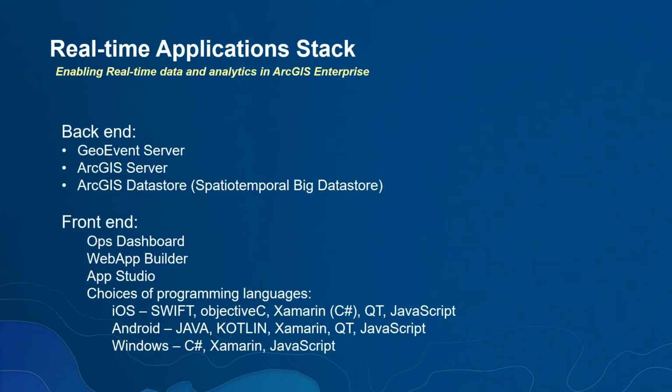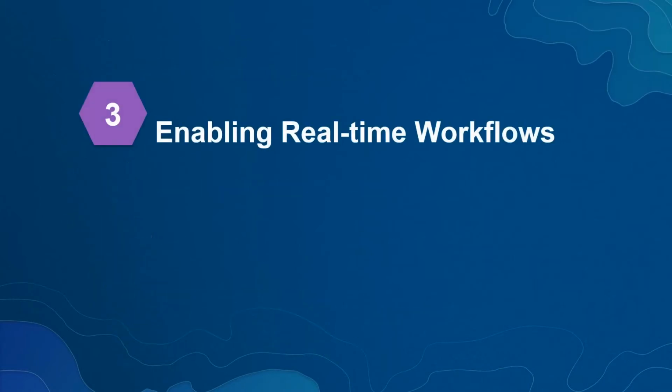If those three cannot meet the requirements, you can choose to program it yourself using some of these languages: iOS, Swift, Xamarin, Objective-C, Qt, JavaScript, Android, Windows. You can choose any one of those. Today, we will focus mostly on JavaScript.